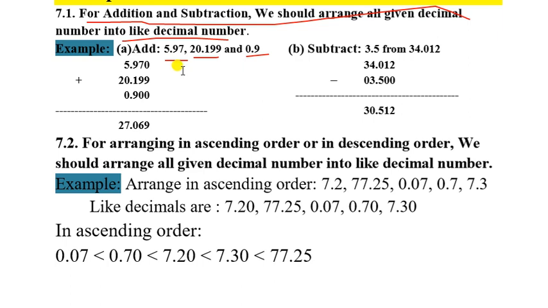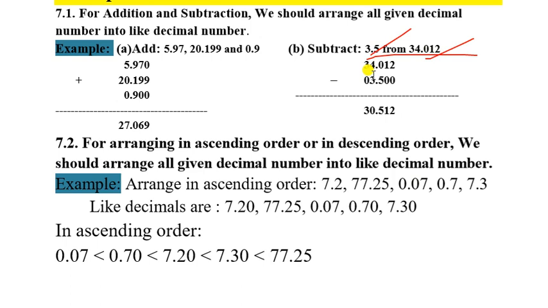See, now after converting into like decimal numbers you can add. I have converted here 5.970, then 20.199, then 0.900, then easily you can add because you know addition. In the same way for subtraction also, 3.5 you have to subtract from 34.012. Here after the decimal how many digits? 3 digits, so we have to convert 3.5 into like decimals.